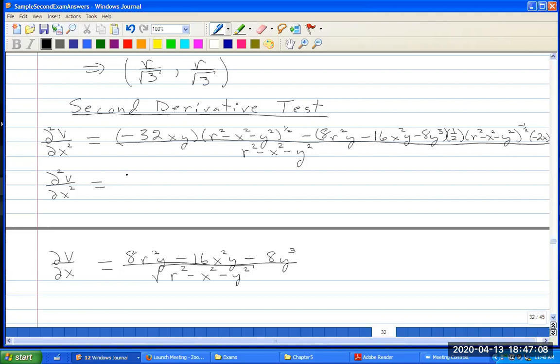So I get a minus 32xy times r squared minus x squared minus y squared, minus 8r squared y, 16x squared y, 8y cubed, cancel, times minus x.